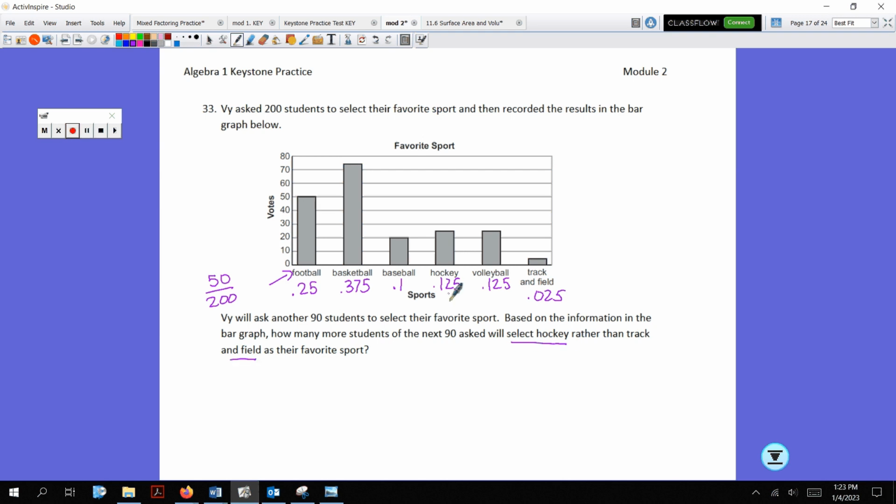So let's put hockey first. We have 90 students times 0.125, which is 11.25. We subtract our track and field students: 90 times 0.025, which gives me 2.25 students. When I subtract that, it gives me 9 students. It's a whole number, so I don't need to round.